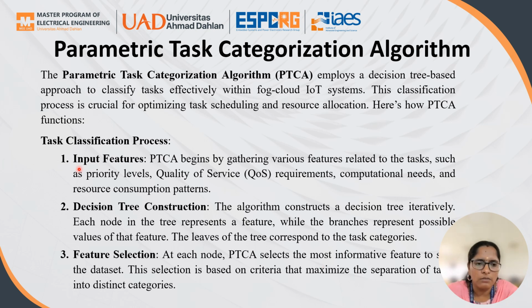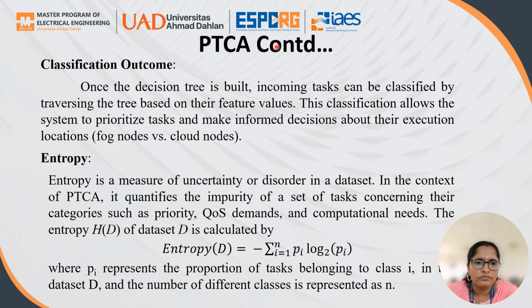These are the three main processes considered in the task categorization process. Once the decision tree is built, incoming tasks can be classified by traversing the tree based on their feature values. This classification allows the tasks to be prioritized and an informed decision about the execution location, whether cloud or fog, to be made by the PTCA algorithm.